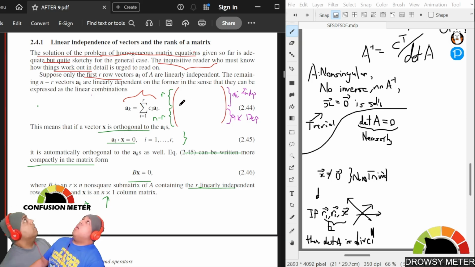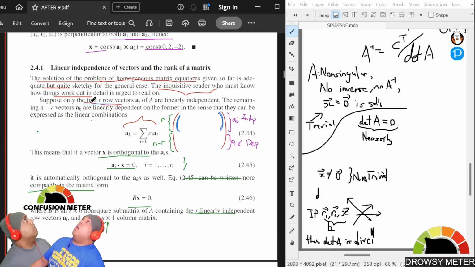So we're just talking about this. We can literally draw the submatrix and the matrix.